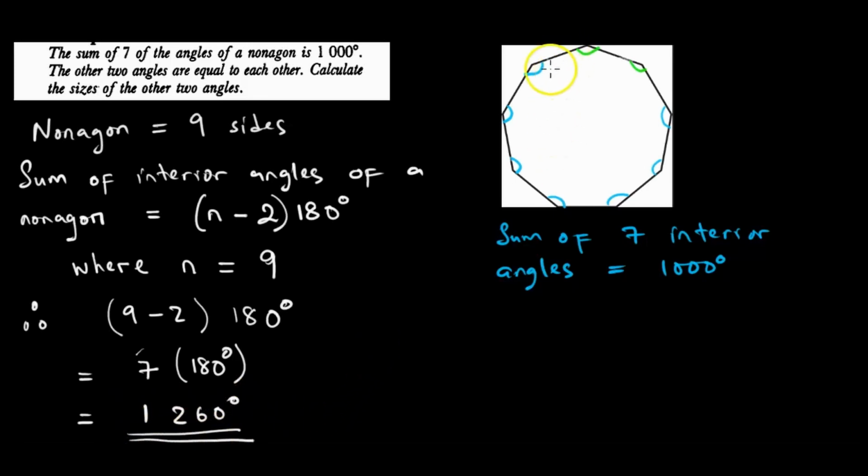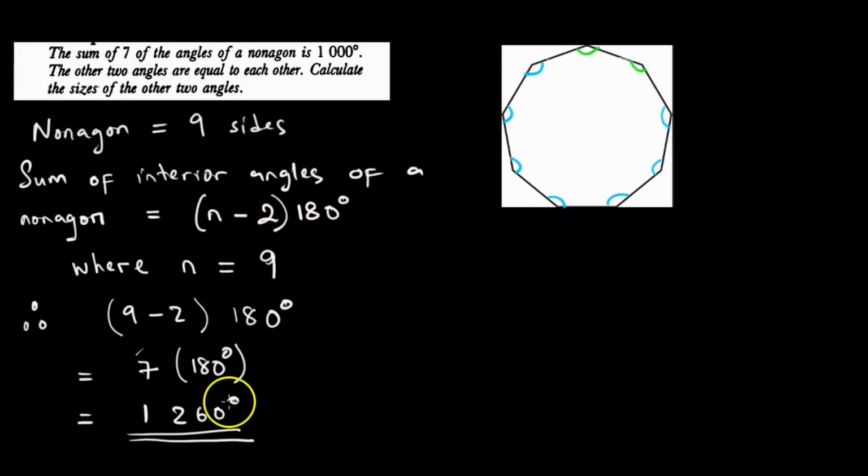If we add those 7 angles plus the 2 angles, we get 1260 degrees. What we want to do here, since we have seen that the sum of interior angles of a nonagon is 1260, and the sum of 7 of the angles is 1000, and the other two angles are equal to each other, is first find the sum of the other two angles.